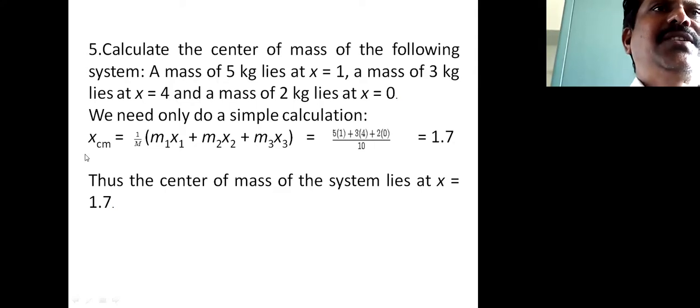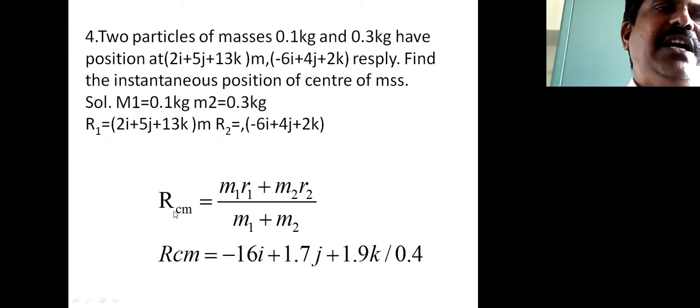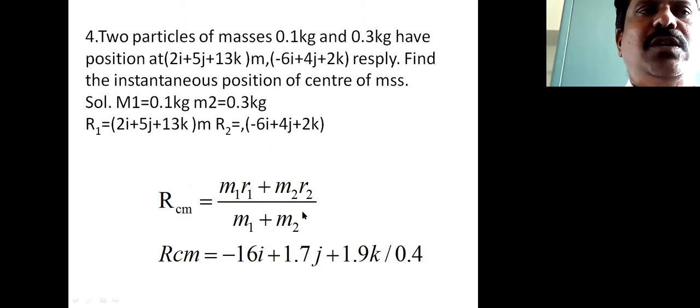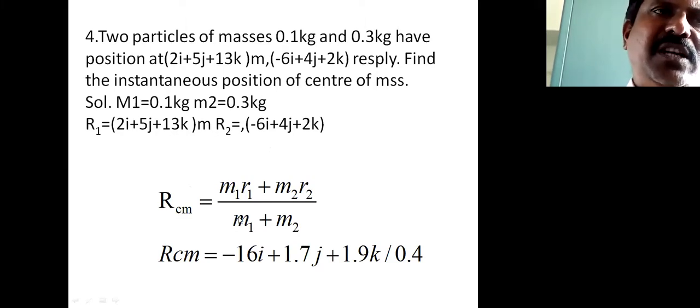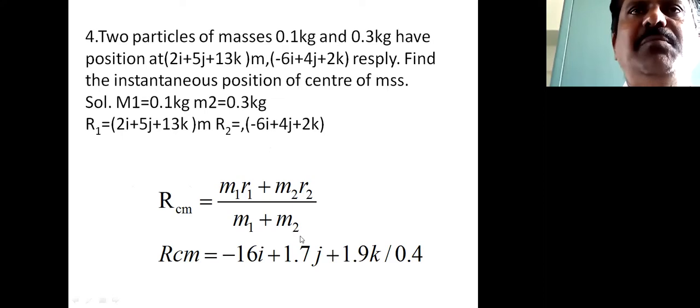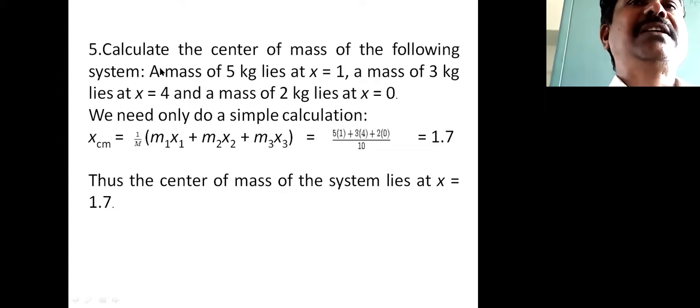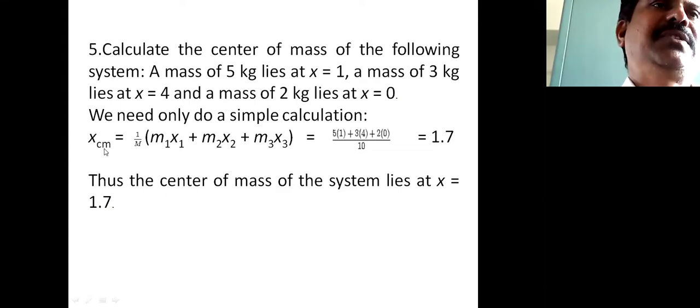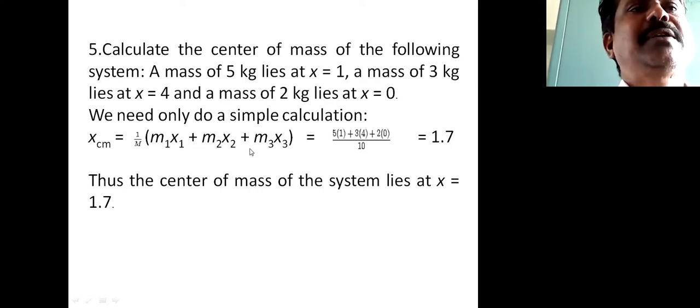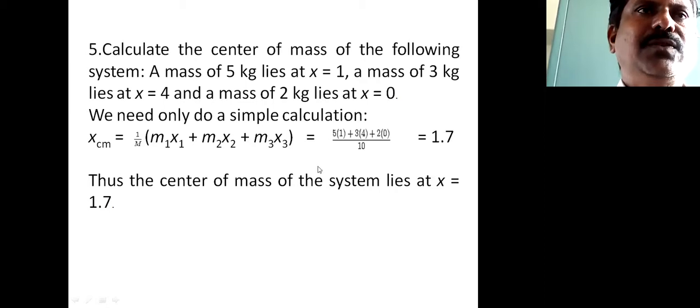The center of mass of the system is given by x_CM, the position vector, which is R_CM equals (m1 r1 + m2 r2) divided by (m1 + m2). For m1 + m2 we can put capital M, the total mass. So here I have written x_CM instead of R_CM: x_CM equals 1/M times (m1 x1 + m2 x2 + m3 x3), where M is m1 + m2 + m3.